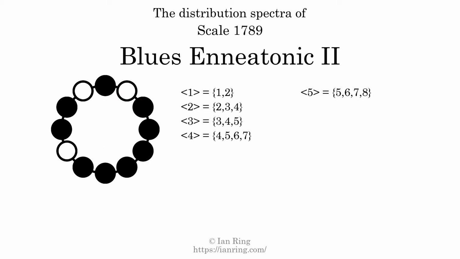The spectrum width of this generic interval is 3. The generic interval of 6 scale steps comes in 3 different specific interval sizes, 7 semitones, 8 semitones, and 9 semitones. The spectrum width of this generic interval is 2. The generic interval of 7 scale steps comes in 3 different specific interval sizes, 8 semitones, 9 semitones, and 10 semitones.